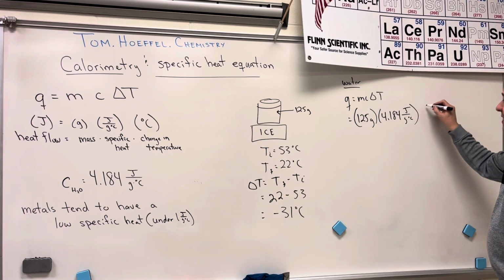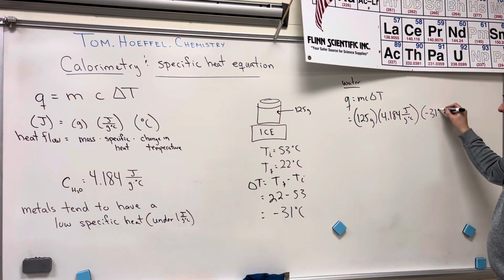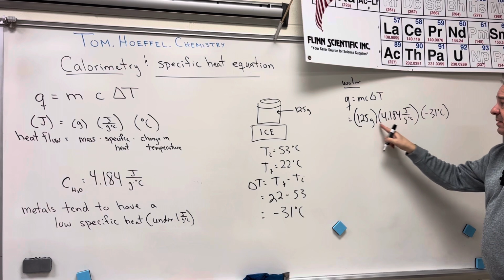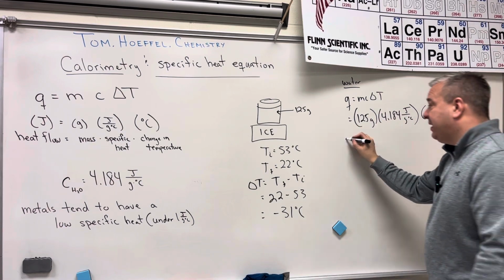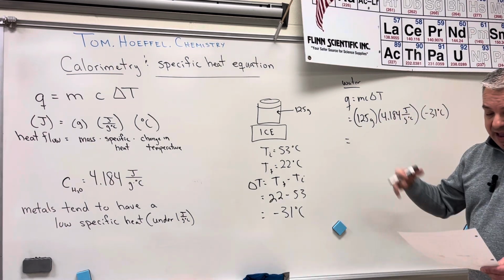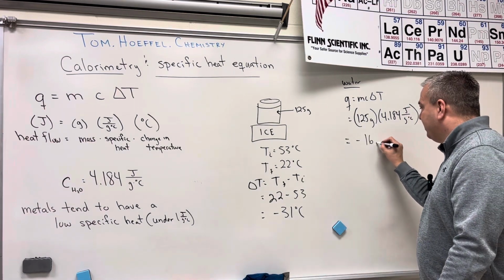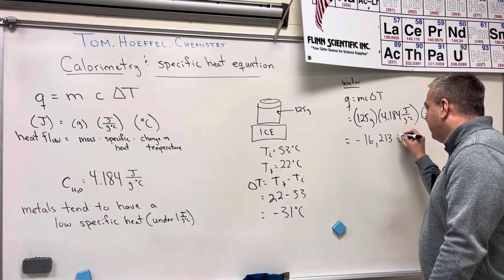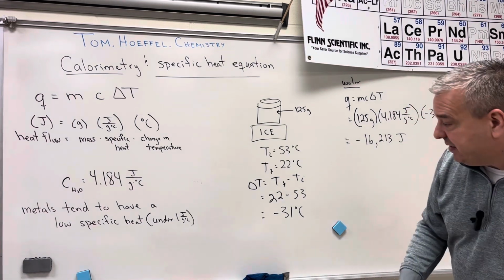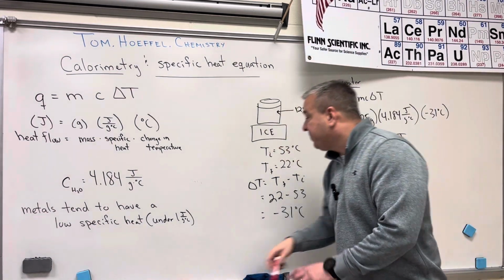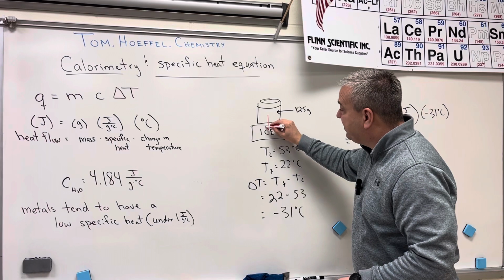And if I put a negative number in here, then when I multiply these three out, I'm going to get a negative number, okay? And it works out to be negative 16,213 joules. Now, what that means is that the heat is leaving the system.